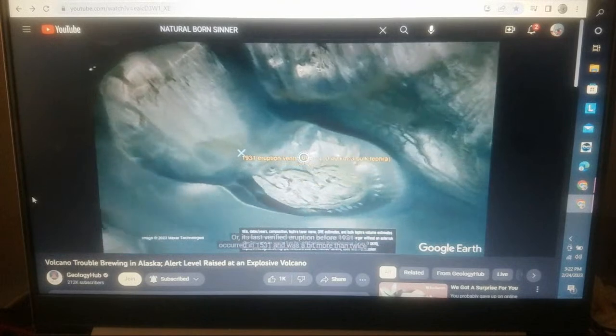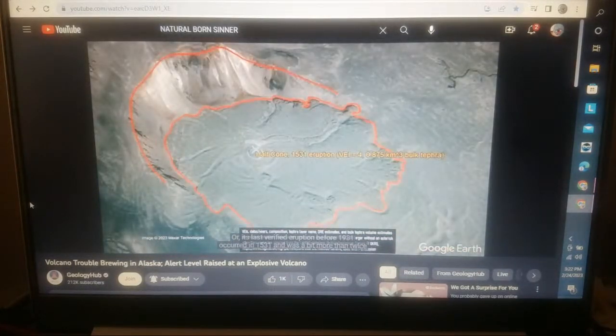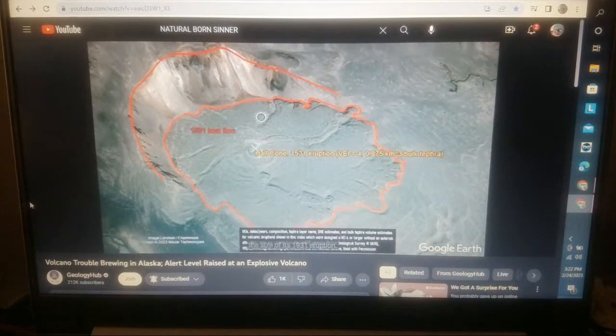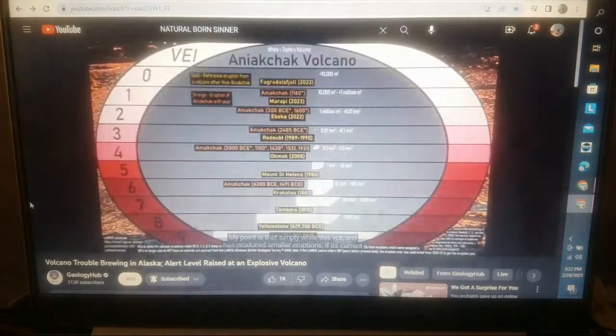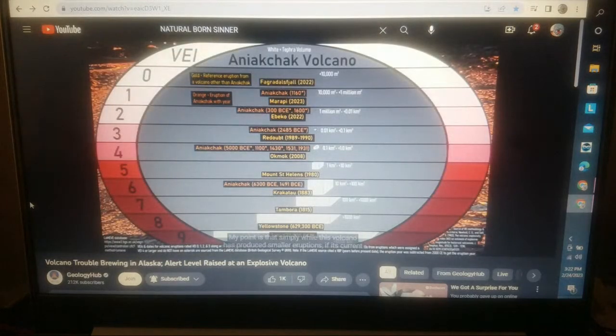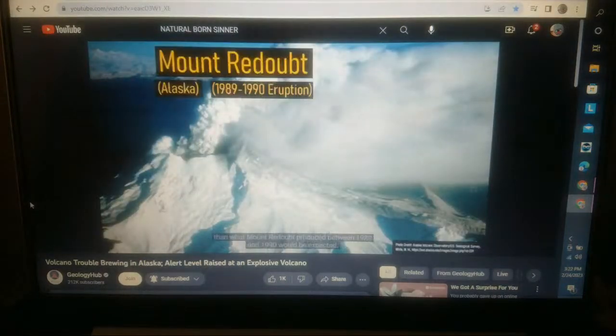Or its last verified eruption before 1931 occurred in 1531 and was a bit more than twice the size of its 1931 eruption. My point is that simply, while this volcano has produced smaller eruptions, if its current period of unrest did result in an eruption of a highly explosive magnitude, aka that of a VEA4 or perhaps higher, would be surprisingly likely, meaning an event larger than what Mount Redoubt produced between 1989 and 1990 would be expected.